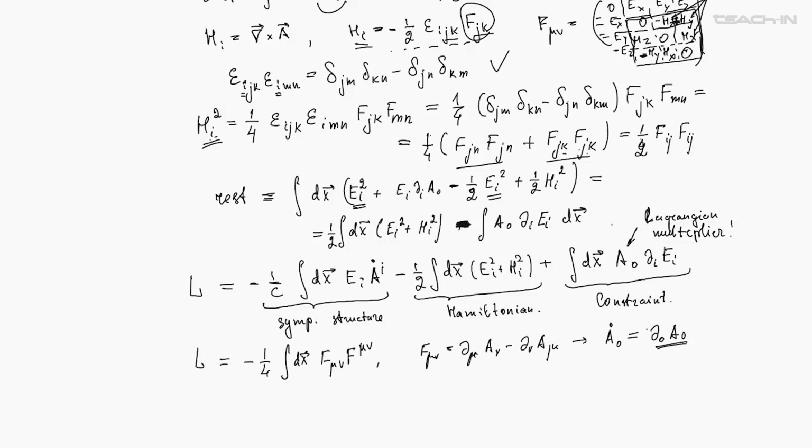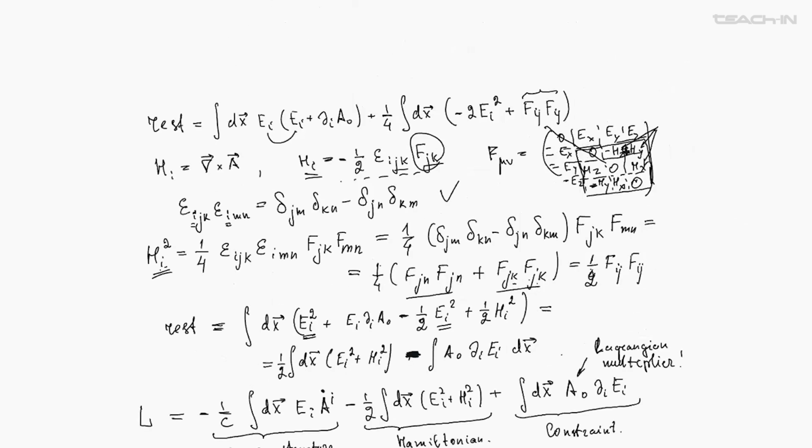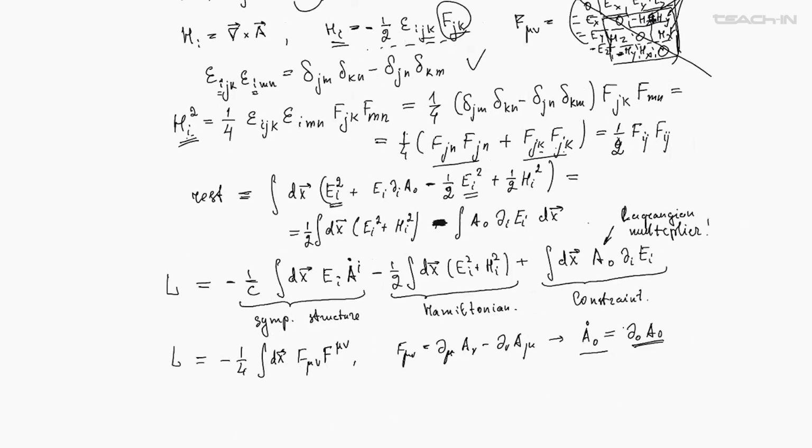You see on the diagonal you have zeros because of skew symmetry. So such a term never appears in the action, in the Lagrangian. Terms di a0 can appear, but if you integrate by parts, then a0 stands alone, and it never contains a time derivative. So this is another peculiarity of electromagnetism.